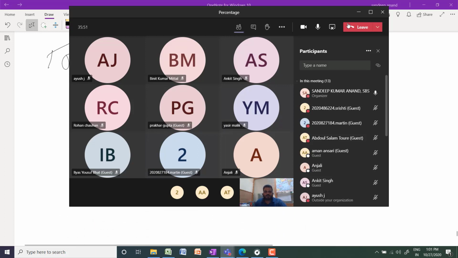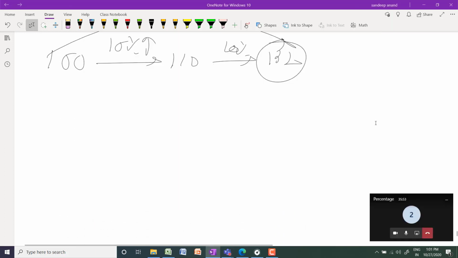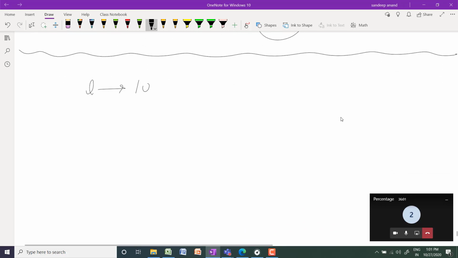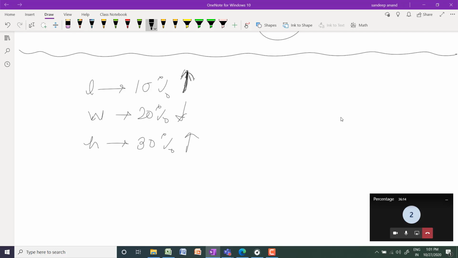I'm going to give you one question for practice, for volume. Now look at the screen. Length increases by 10%, width decreases by 20%, and height increases by 30%.